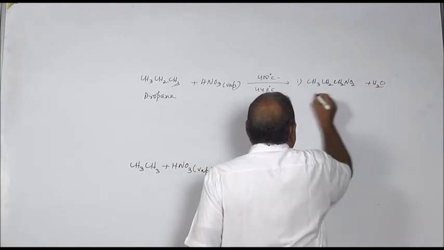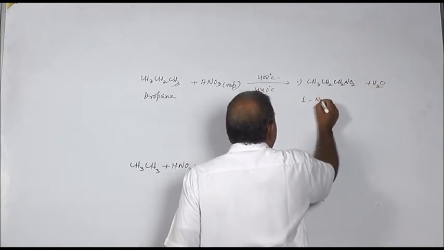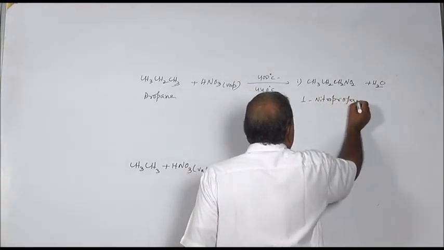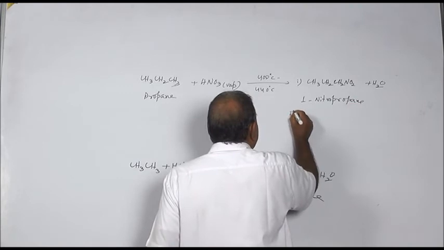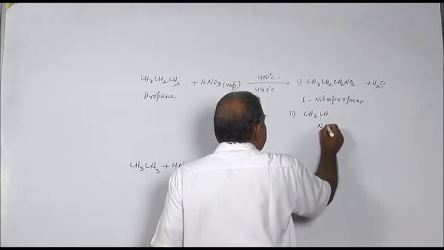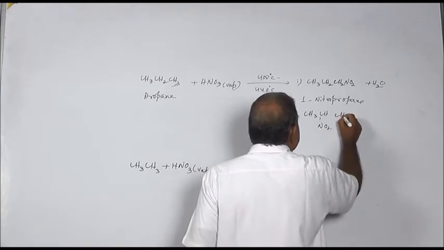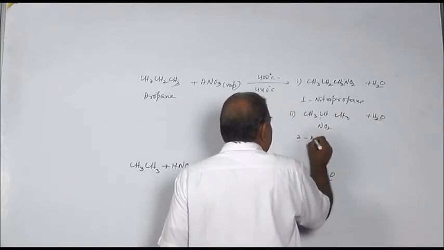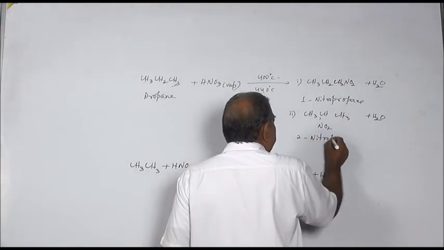This is your 1-nitropropane. Also it gives you CH3CH(NO2)CH3. This is your 2-nitropropane.